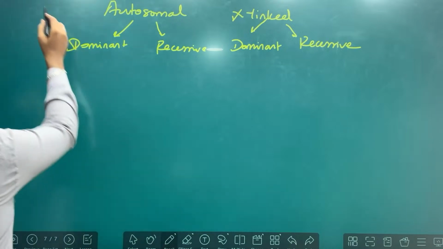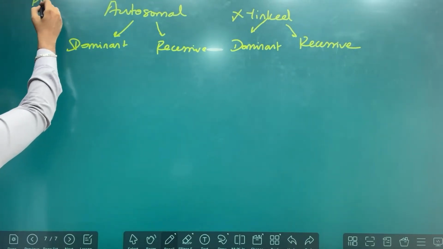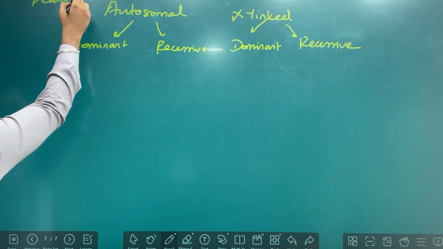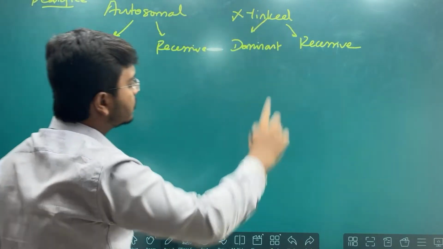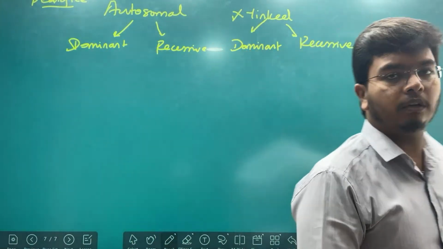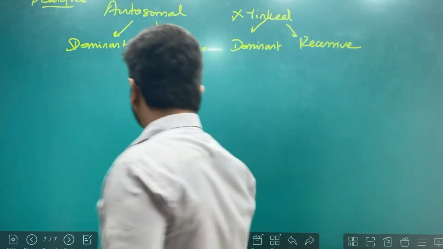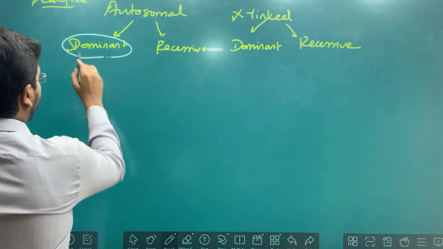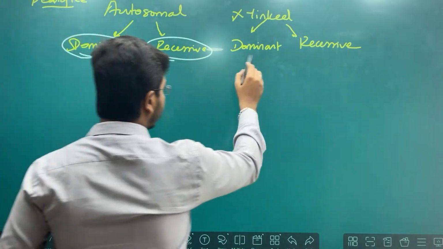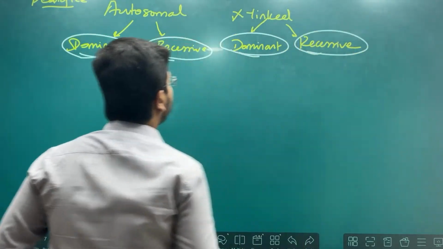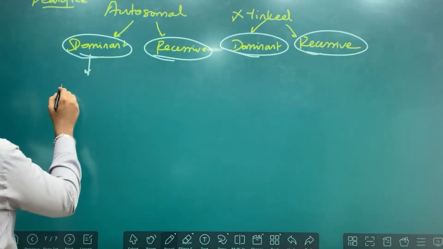Now pedigree analysis is not only to find whether it is autosomal or X-linked, it is also to find whether the given disorder is dominant or recessive. What is dominant?